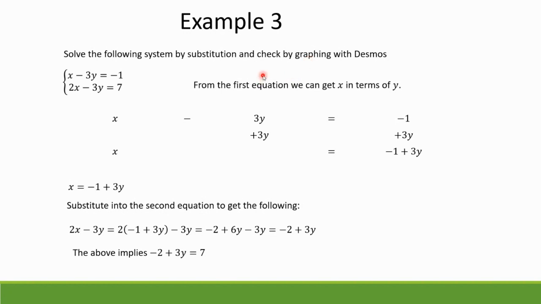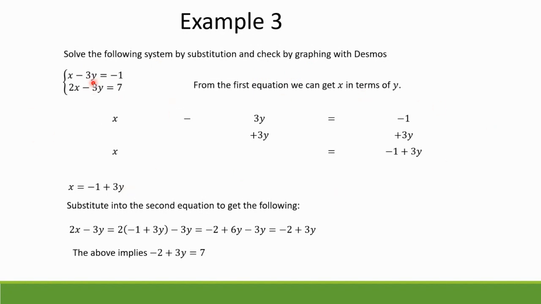All right. So here we have these 2 equations. Now, for substitution, we want to get one variable in terms of the other. That's substitution. From the first equation, I would try and get x in terms of y, as I'm doing here. Now, you might be thinking, why am I doing that?